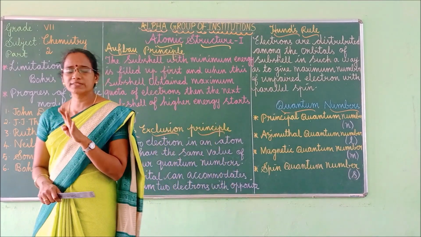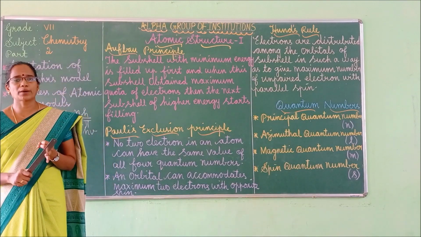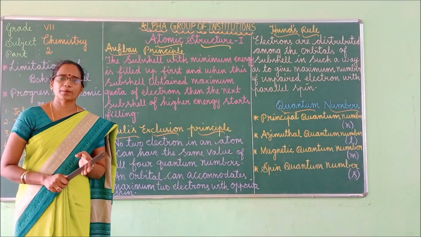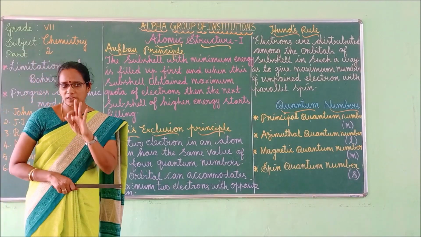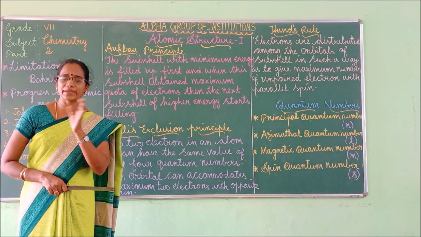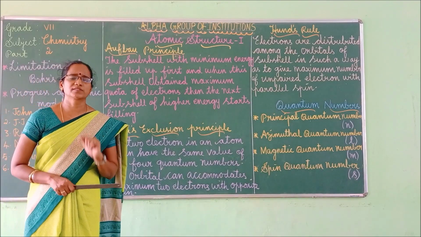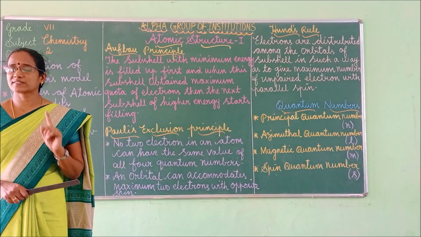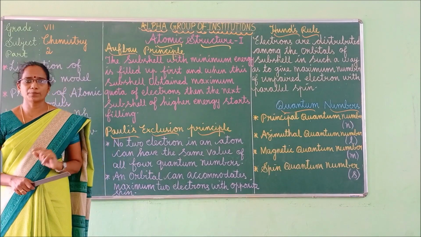The 4 quantum numbers are principal quantum number, azimuthal quantum number, magnetic quantum number, and spin quantum number. But in your book only 3 quantum numbers are given. When you come to higher classes, you will learn about the remaining quantum number. So there are 4 quantum numbers, and no two electrons can have the same values of all 4 quantum numbers.